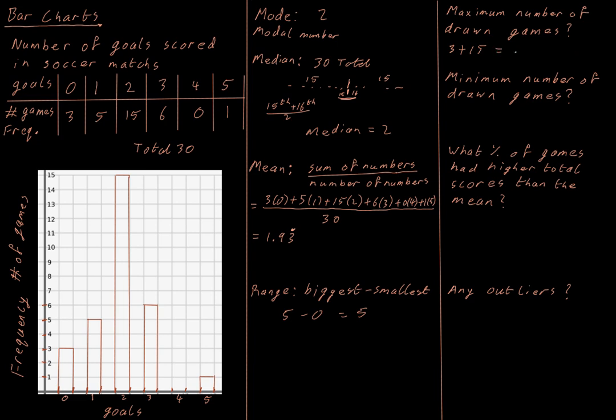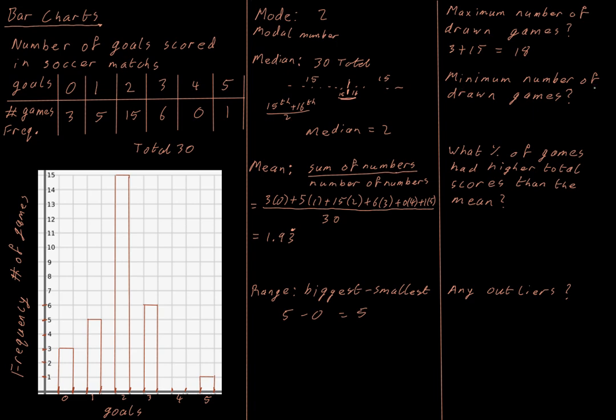So that means that the maximum number that could have been drawn games was 18. Now, that is not to say that all of these were drawn games. It's just that it is possible that they could have been. It's not eliminated by the number of goals scored, because we could, as I say, have had one team getting 1 goal, the other team getting 1 goal, and then in total we got 2.